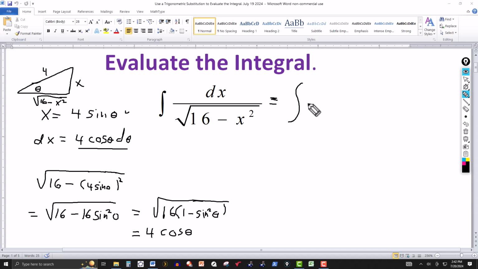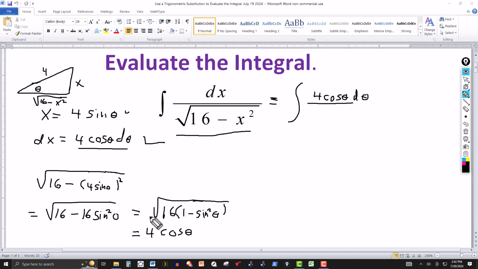So let's just do this then. dx is right here, that's 4 cosine theta d theta, from this step right here. So now we replace the dx, so we've got everything in the numerator in terms of theta. In the denominator, we can't have an x, so we have to simplify this. Well, we did it over here.